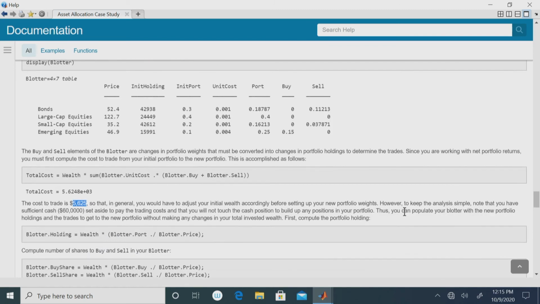Thus, it is because of this amount of money that you are able to populate your blotter with the new portfolio holdings. That means you are able to do this transaction to get a better portfolio, because you had this money set aside.